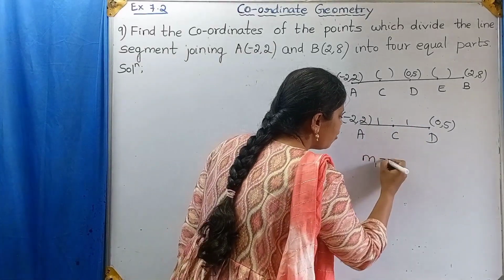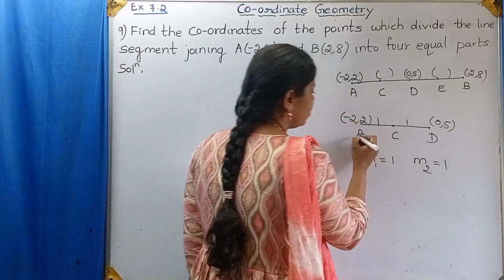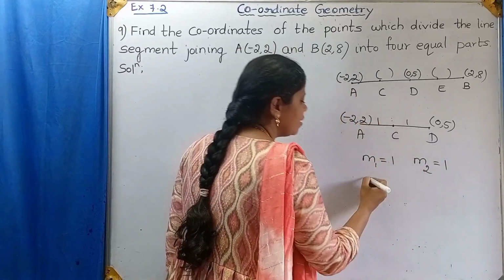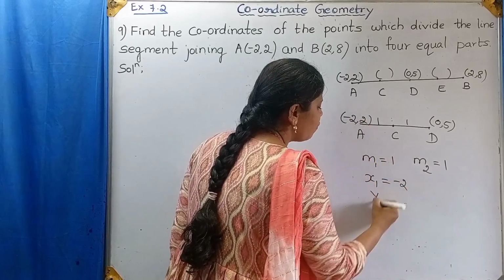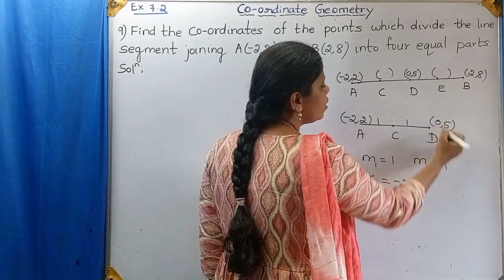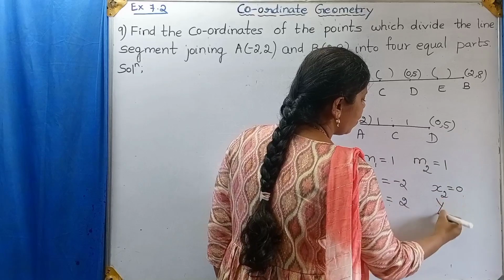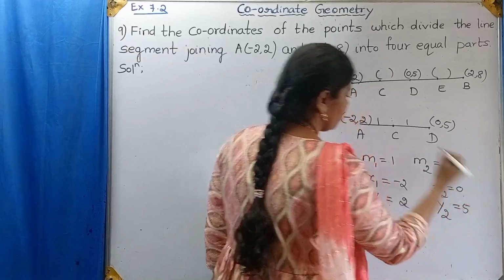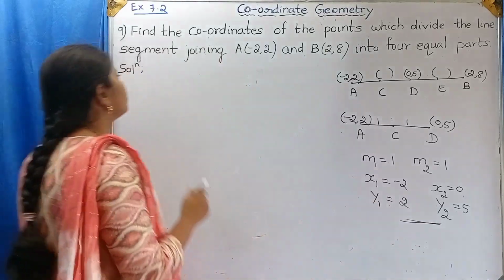Therefore, m1 is 1, m2 is 1. The value of x1 is -2 and y1 is 2. Okay? And x2 is 0 and y2 is 5. This is the required data.